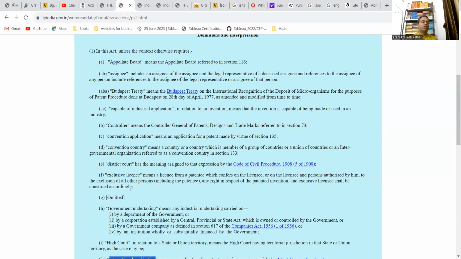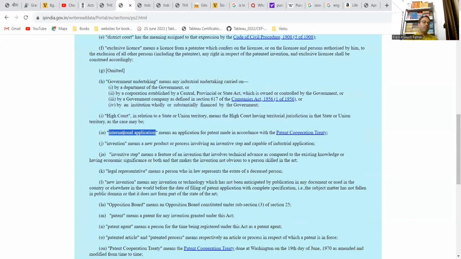AB means assignee. Like that, we can memorize. F means exclusive license. And IA means international application. International application is what? An application for patent made in accordance with the PCT, Patent Cooperation Treaty. Those are called international applications.